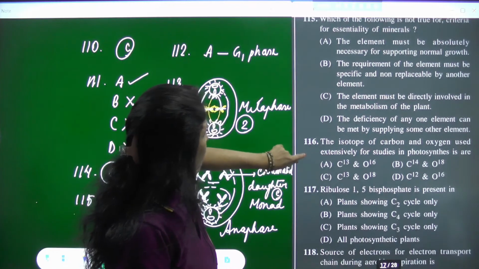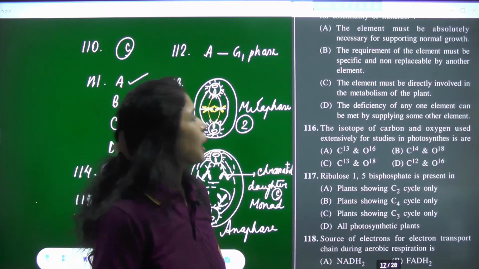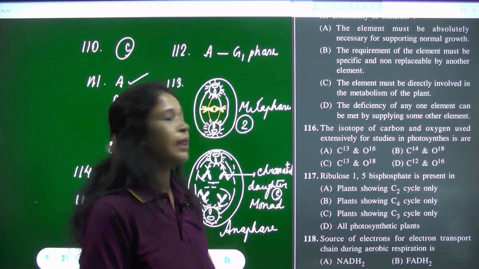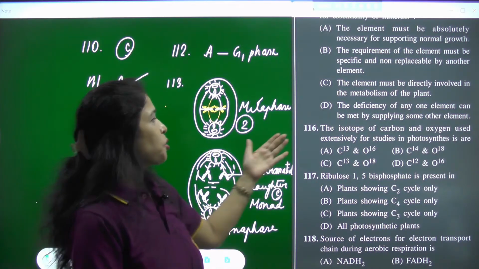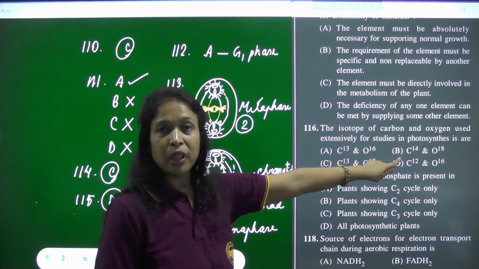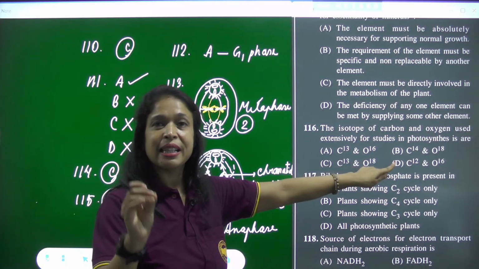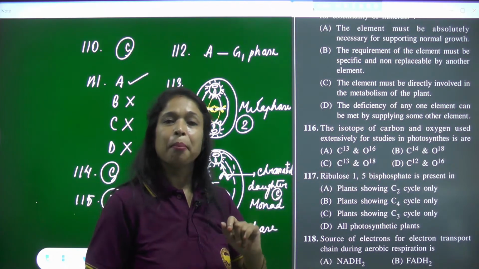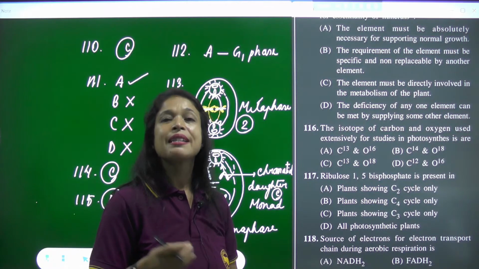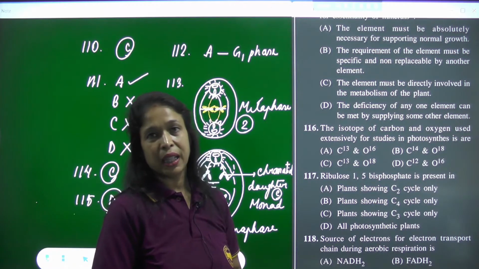Okay, next. The isotope of carbon and oxygen used extensively for studies in photosynthesis. So which isotope is used? C14 was used for the discovery of the Calvin cycle by the scientist Dr. Calvin, for tracing the pathway of the C3 Calvin cycle.